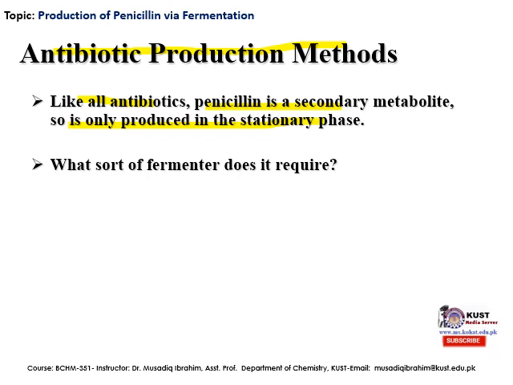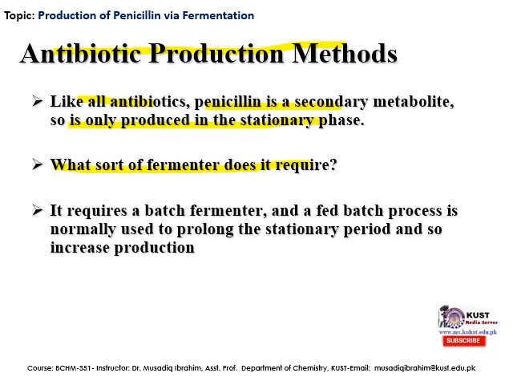Now we will also be discussing what sort of fermenter it requires. In case of penicillin production, it requires a batch fermenter, and along with the batch fermenter, a fed batch process is used so that the stationary phase is prolonged, and as a result of a prolonged stationary phase, the production of the secondary metabolite in the form of penicillin is also enhanced.